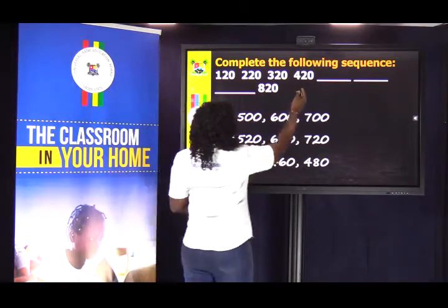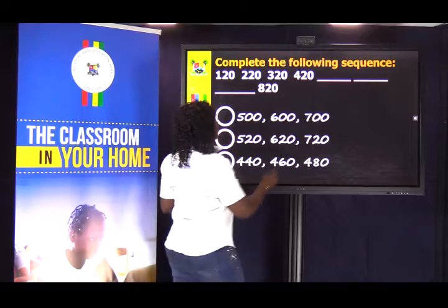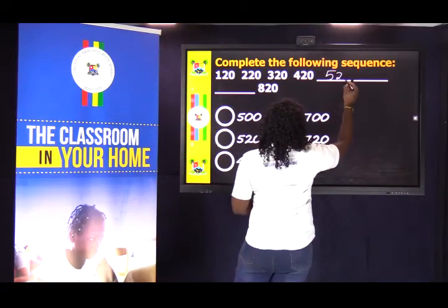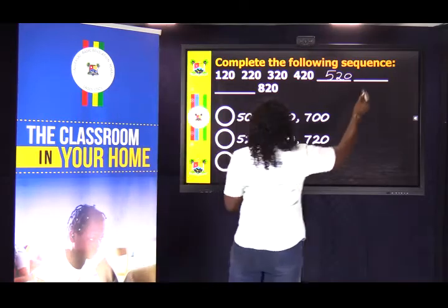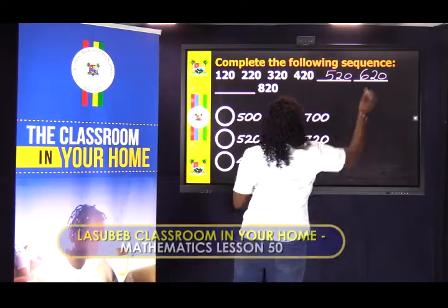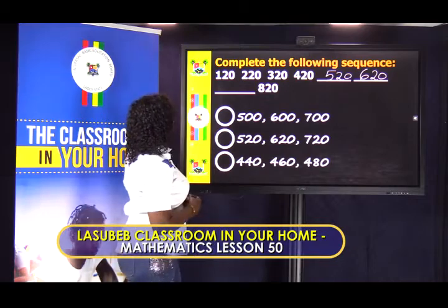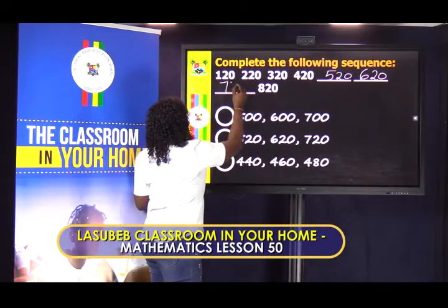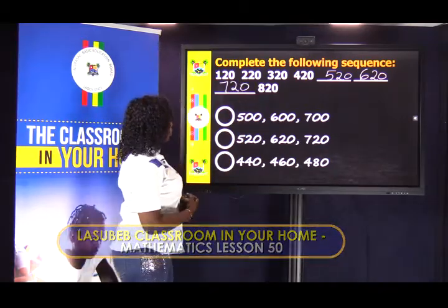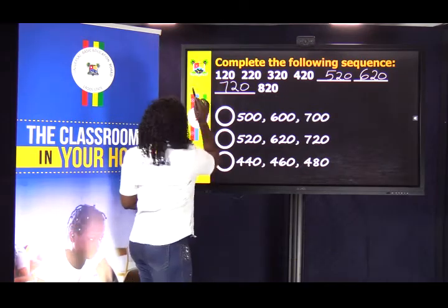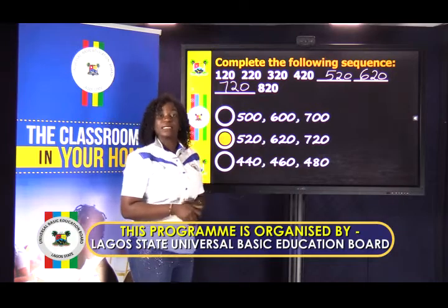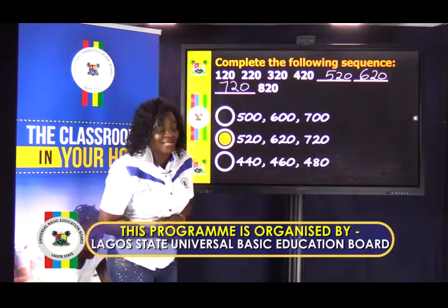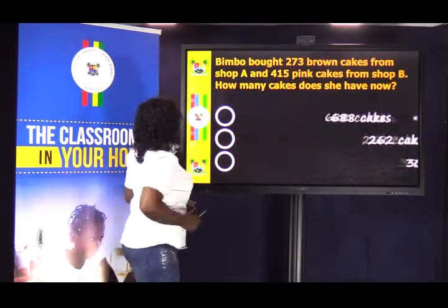So when we add 100 to 420, what do we have? We have 520. When we add 100 to 520, what do we have? We have 620. And when we add 100 to 620, what do we have? We have 720. So what's the answer? The answer is B. 520, 620, 720, and that completes the series.